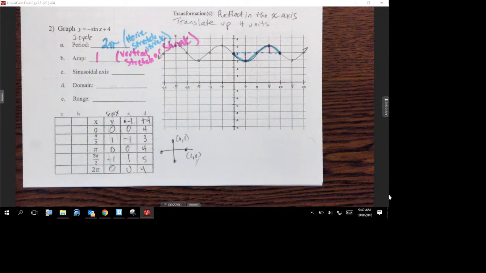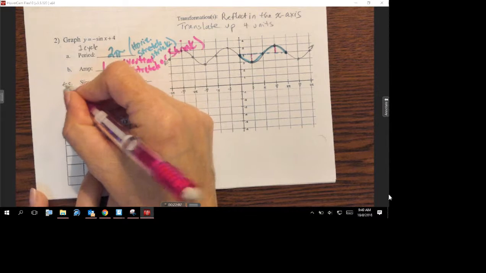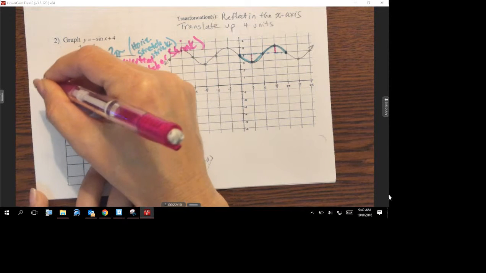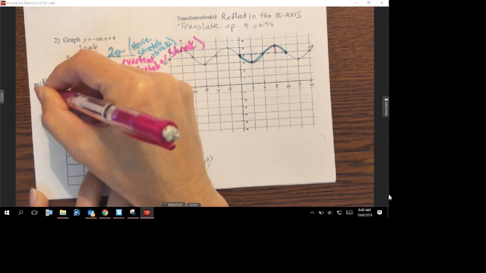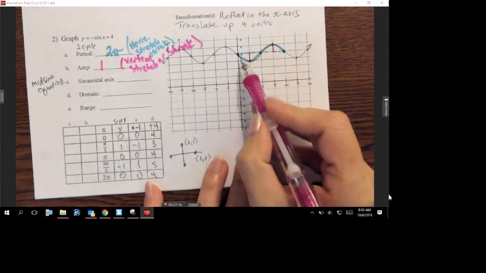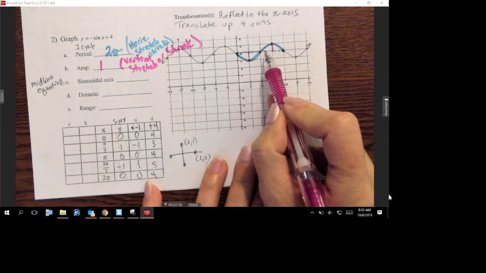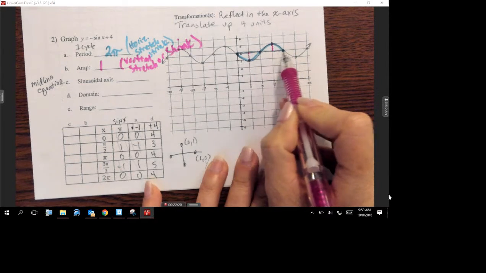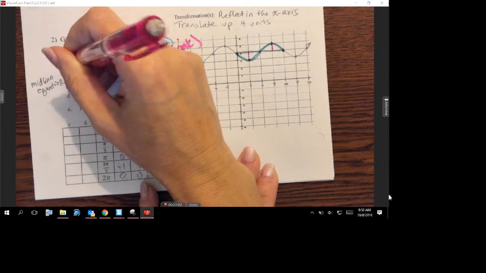Sorry. The sinusoidal axis. The sinusoidal axis is just the midline equation. So I just kind of drew it over here when I was talking about the period and the amplitude. So I write this is called amplitude.